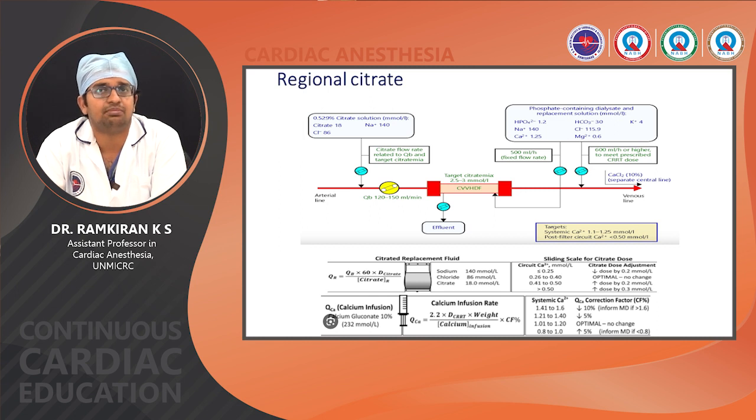That calcium is supplemented either in the post dilution fluid, or some amount is transferred to the dialysate also. So you have various protocols to maintain adequate calcium levels post filter and adequate citratemia in the filter. These are the various protocols described below in the figure.